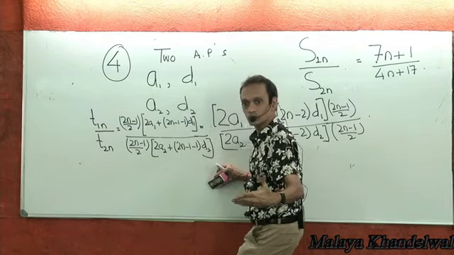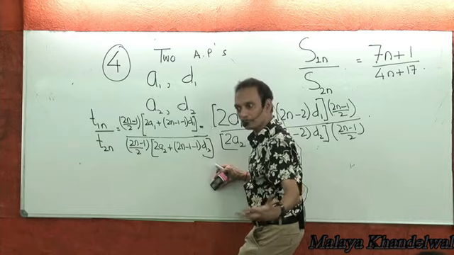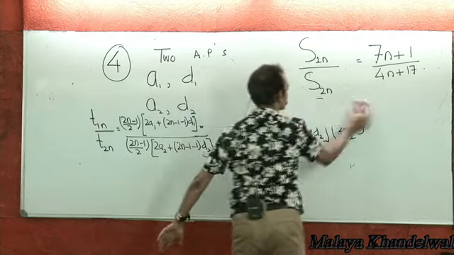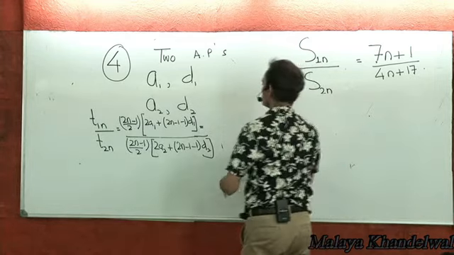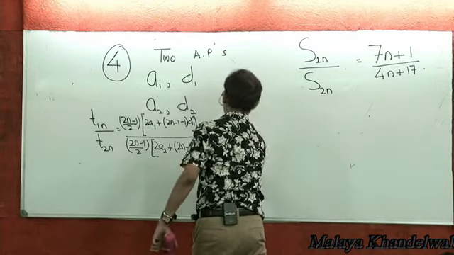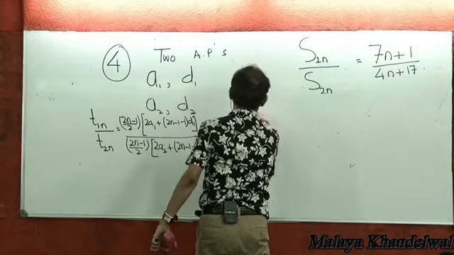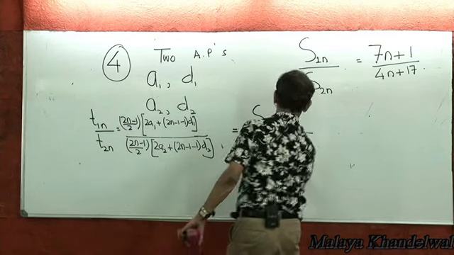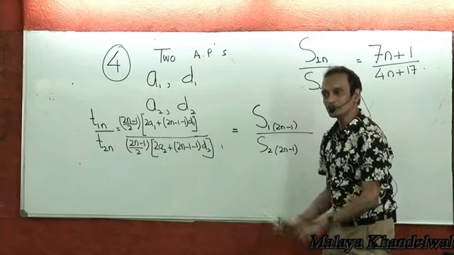Yes or no? All of you are fine with this? Right? So which means now this is as good as, for the first AP, sum of 2n minus 1 terms, for the second AP, sum of the first 2n minus 1 terms. This is what it reduces to.